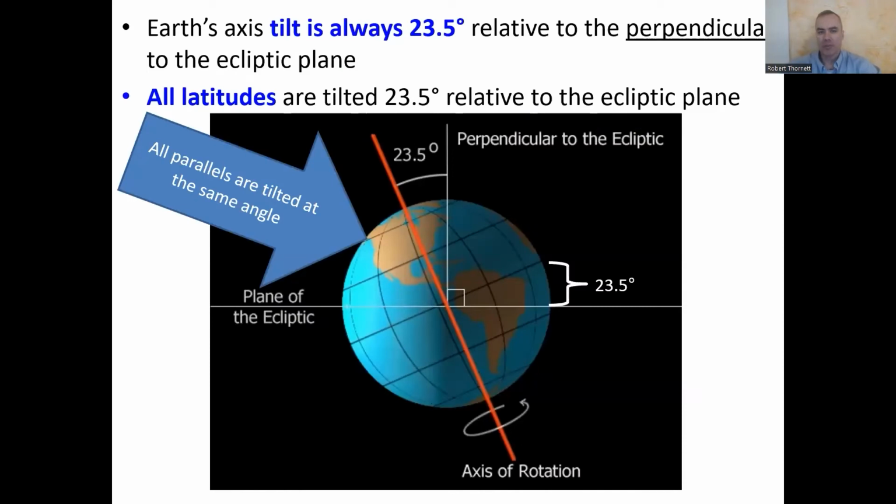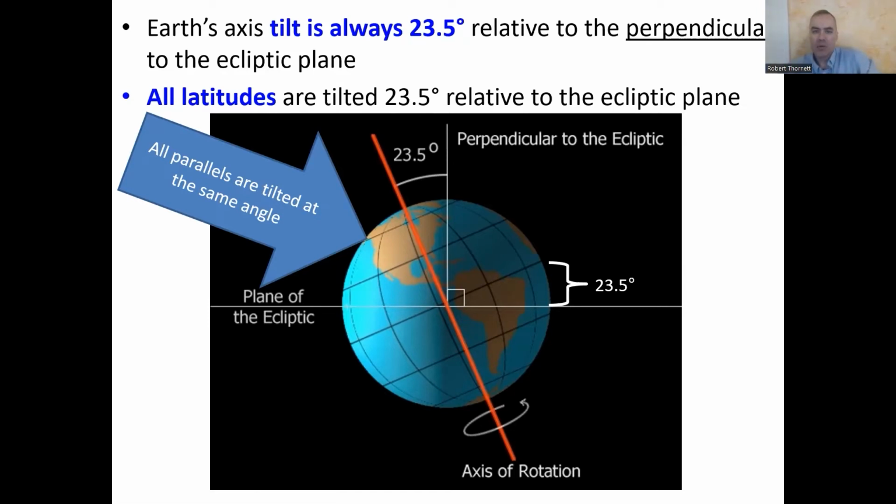So that's going to help us to understand the tilt of that axis. What exactly is that tilt? So if we take that ecliptic plane, that flat surface, the plane of the ecliptic here, and we say, okay, here's that line, that flat surface going through the center of the Earth. And then we would take a 90-degree angle here, say this is a perpendicular to the ecliptic, right here, or take a T like that.